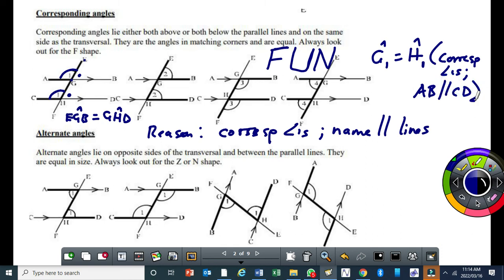So whenever you identify corresponding angles, you have to state the lines that are parallel. Every time. If you skip the lines that are parallel, then your answer becomes incorrect in terms of the reason. So that's corresponding angles.